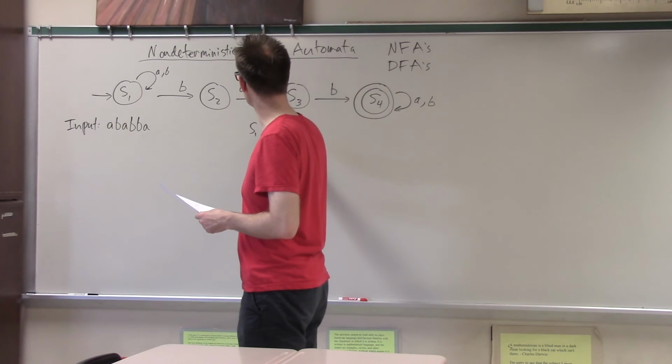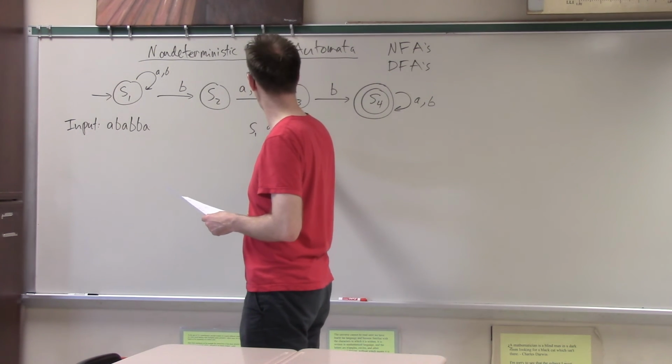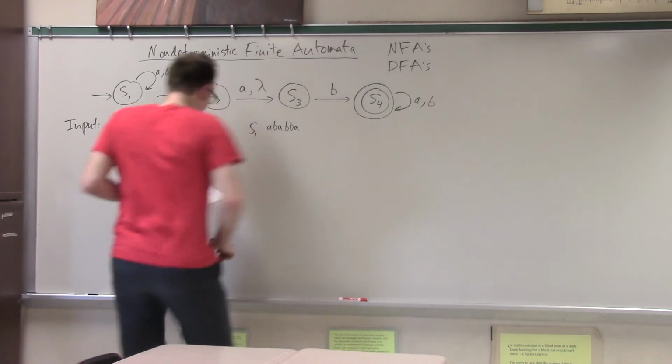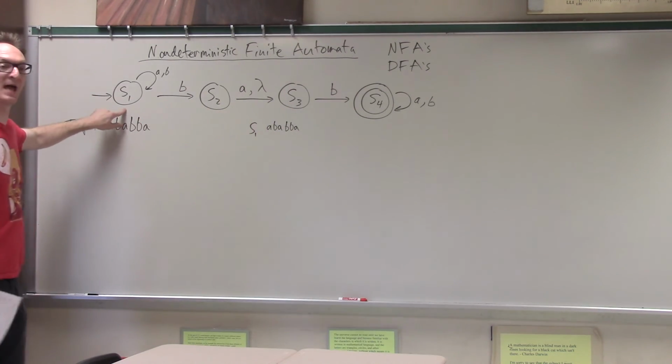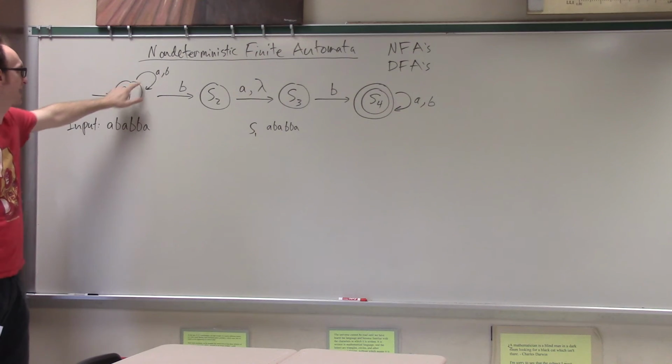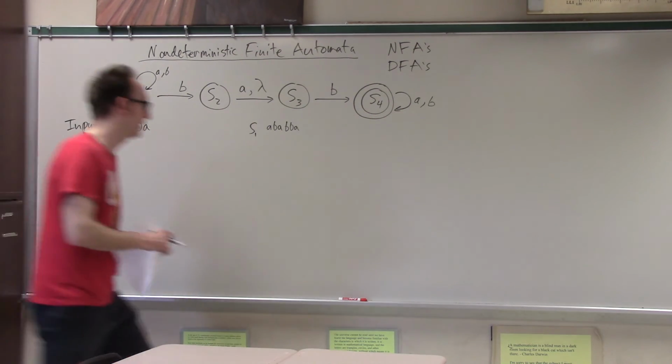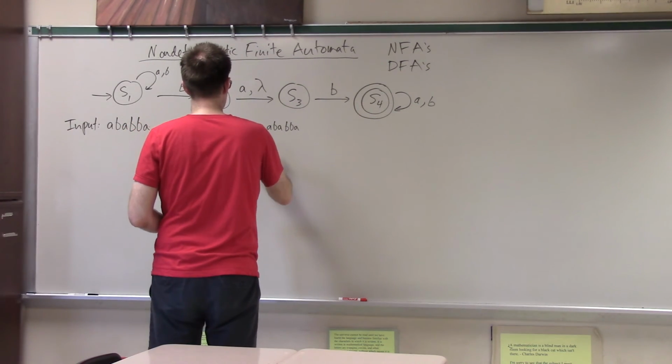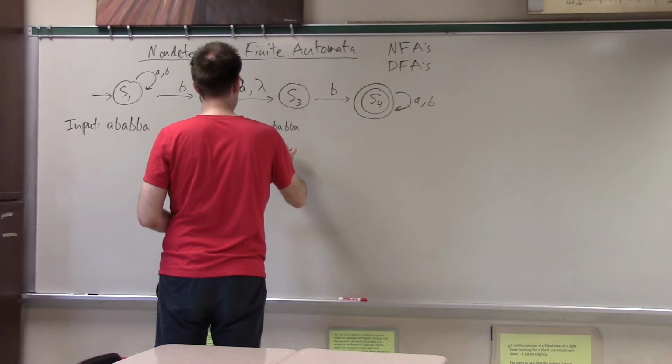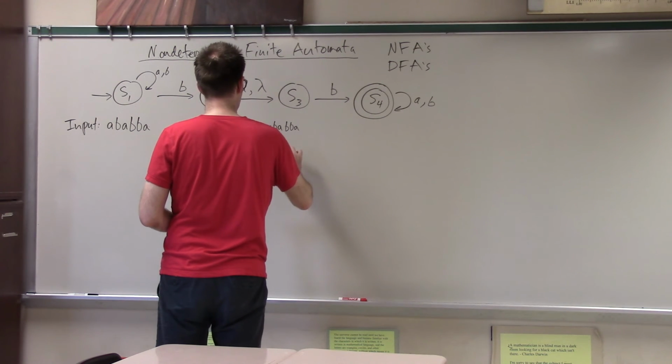Here I haven't processed any characters yet, so that's ABABBA. Now, what's the first thing that happens? In the beginning it's pretty chill. I read an A and I go to state S1. So I am still in state S1 and the characters left to process are BABBA.